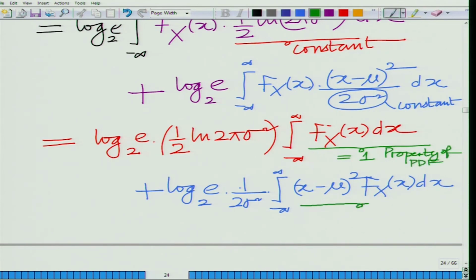And if you look at this, this is very interesting. This is the integral from minus infinity to infinity of x minus mu whole square f of x dx, where mu is the mean. This is nothing but the variance.